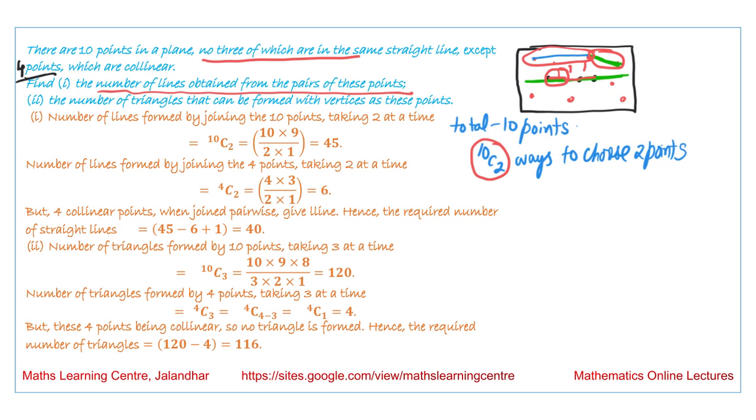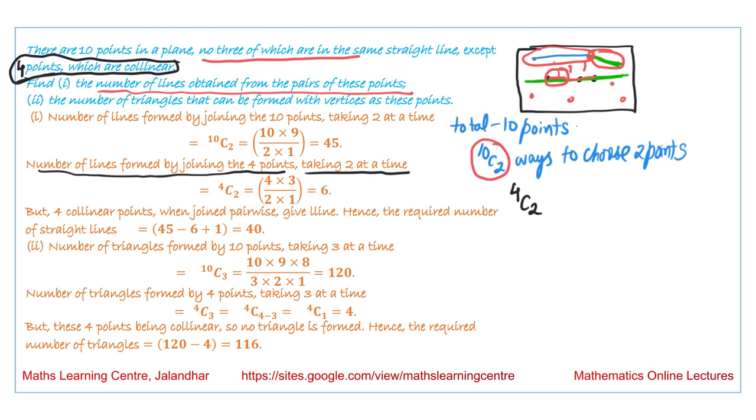Now it is given that there are 4 points which are collinear. So the number of lines formed by joining the 4 points, taking 2 at a time, is 4C2, that is equal to 6.